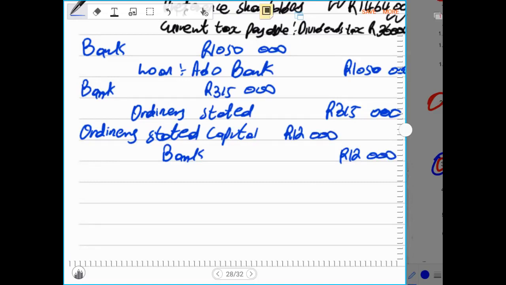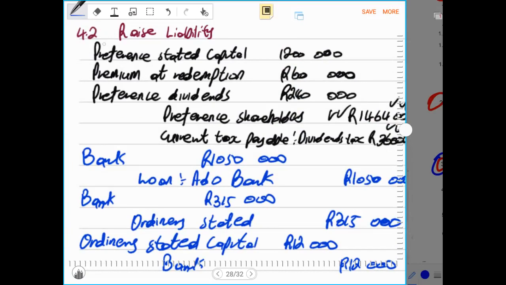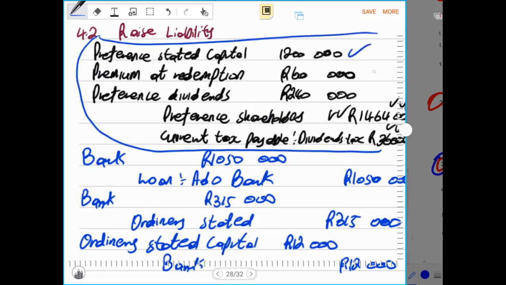The last journal entry that must be done is the payment. We first have to raise the liability, and this was where we raised the liability. In raising the liability, the capital must be there, the premium must be there, the preference dividends were supposed to be here.